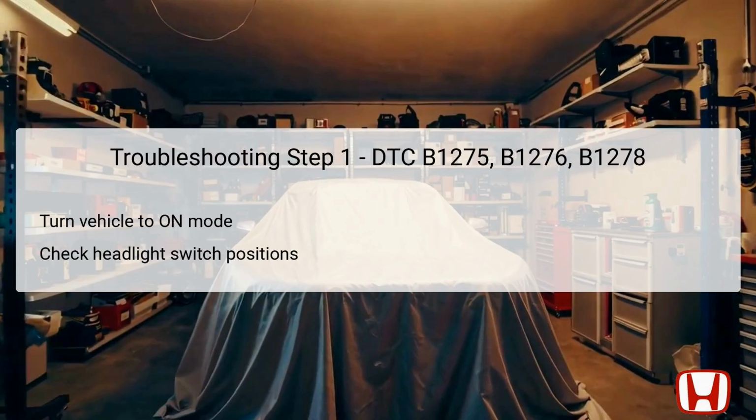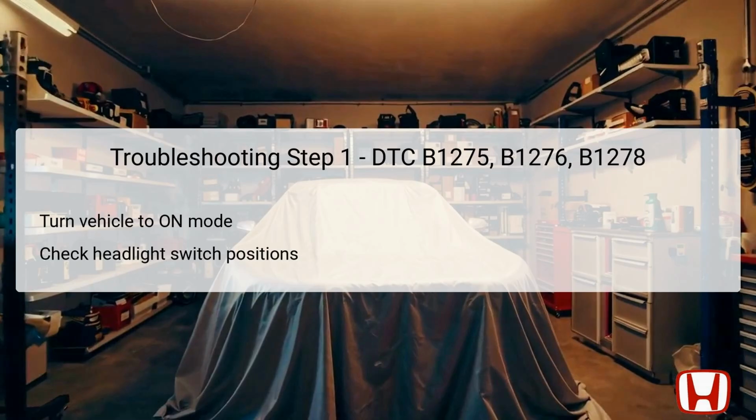The first troubleshooting step involves ensuring the vehicle is in the on mode. This is essential as it allows the body control module to power up and begin monitoring system functions properly. Once in this mode, the next action is to turn the headlight switch through its various positions: off, parking, and on, holding each position for at least 6 seconds.